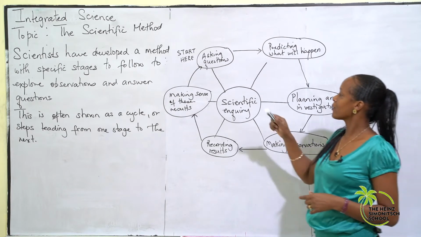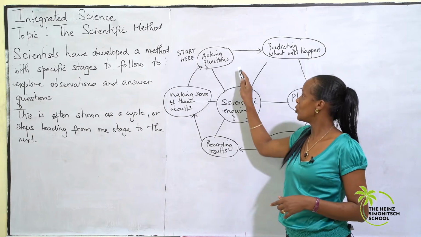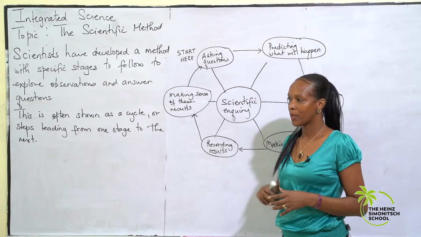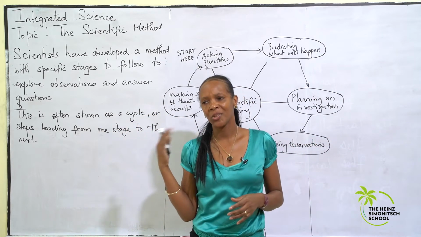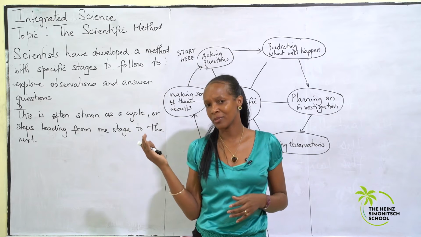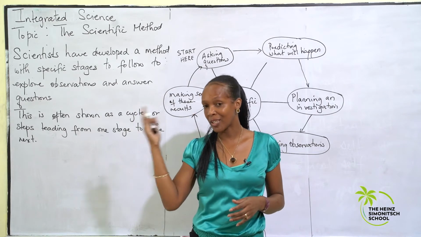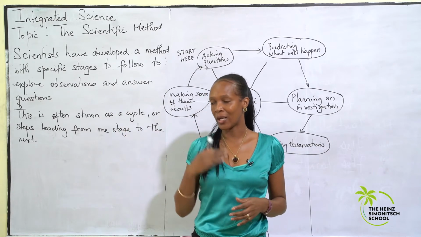It all starts with asking questions. You want to find out something. For example, you have trees outside. You want to know how that tree grows? That's a question. So that is your question that you're asking.